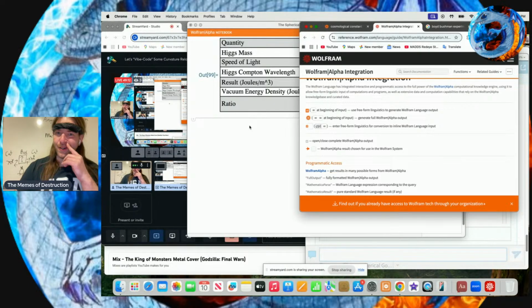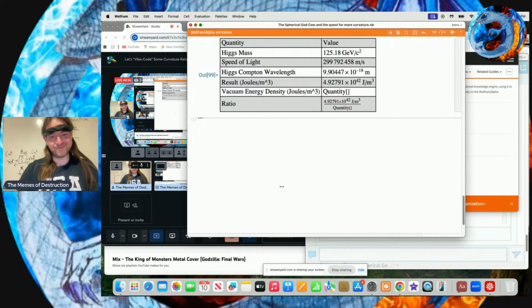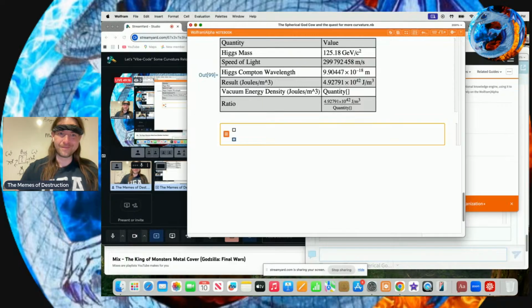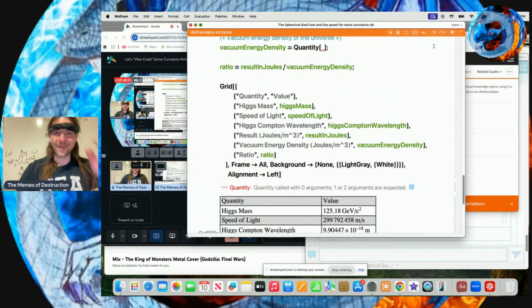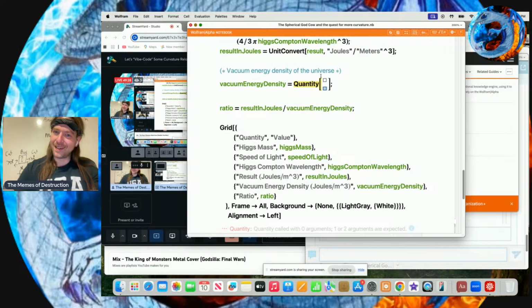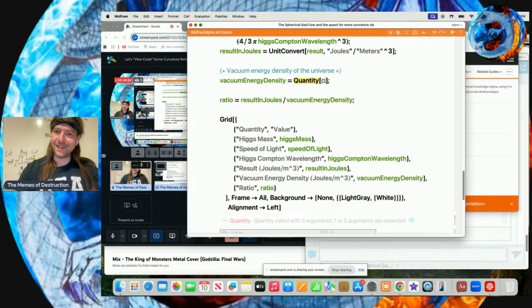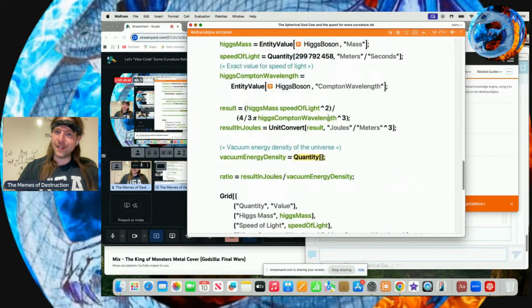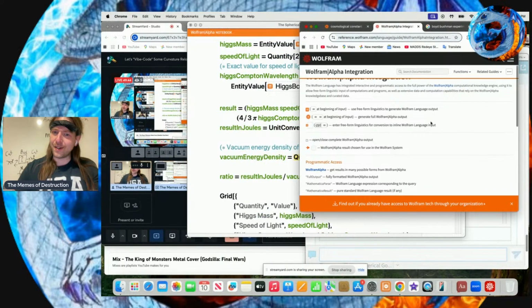Oh, control enter. All right. That makes much more sense. Let's see, control equals, control shift equals. Why is it? Wow.